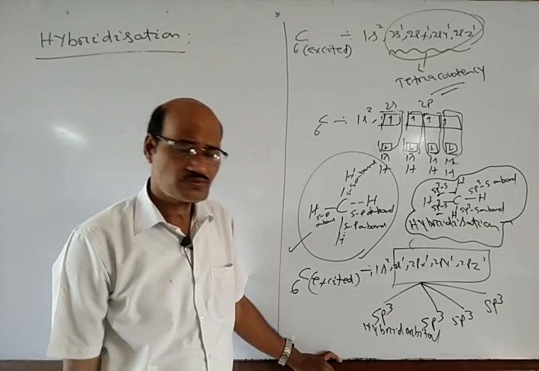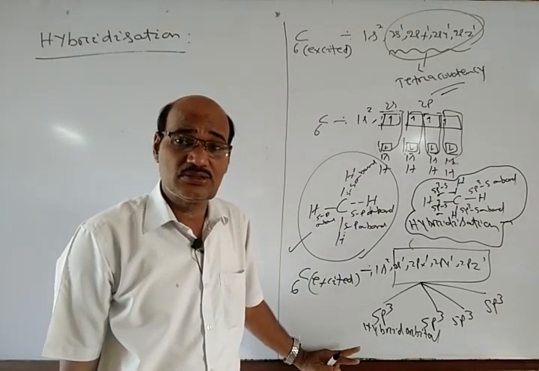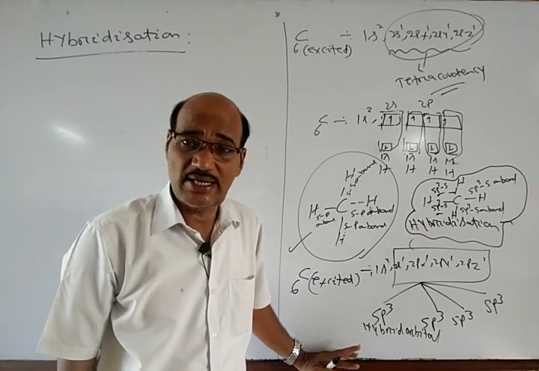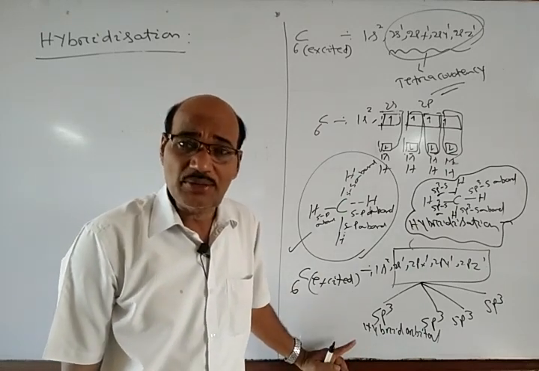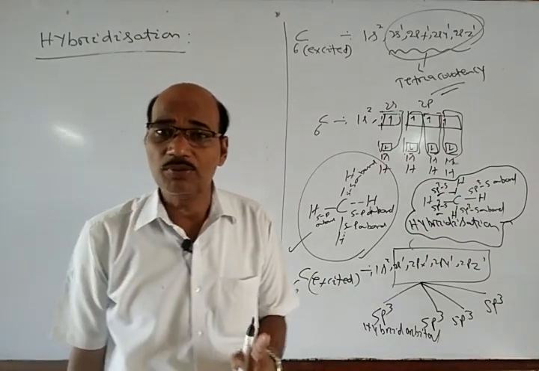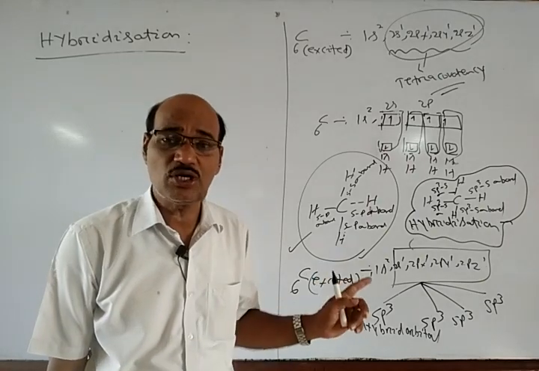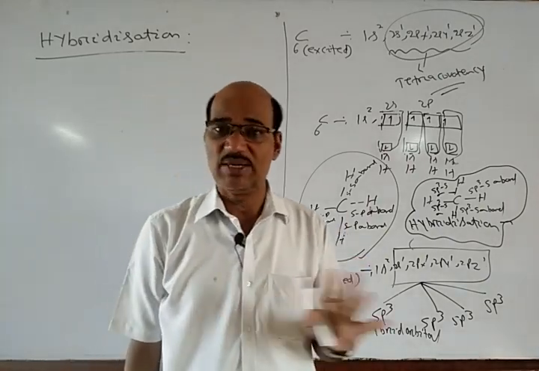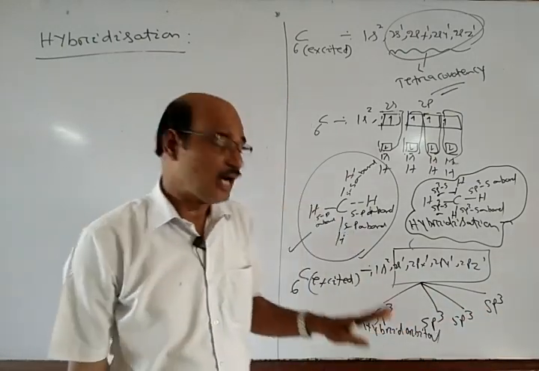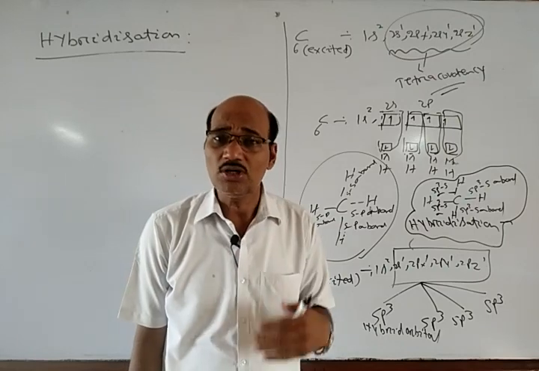And one thing, all the hybrid orbitals have equal energy and the same symmetry. Another thing, the hybrid orbitals will always form sigma bonds, so they will always undergo head-on overlapping. They never form pi bonds. The hybrid orbitals contain the characteristics of both the orbitals present.